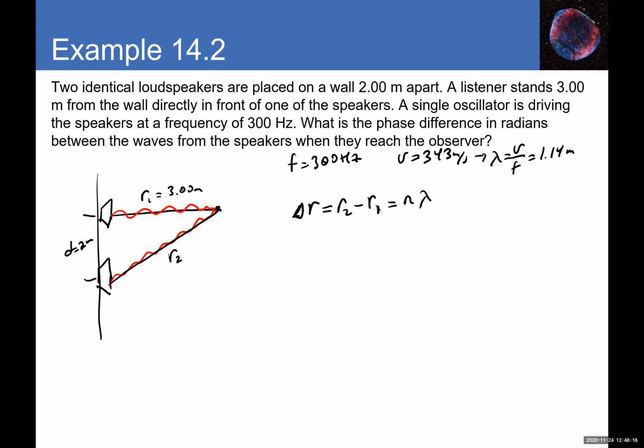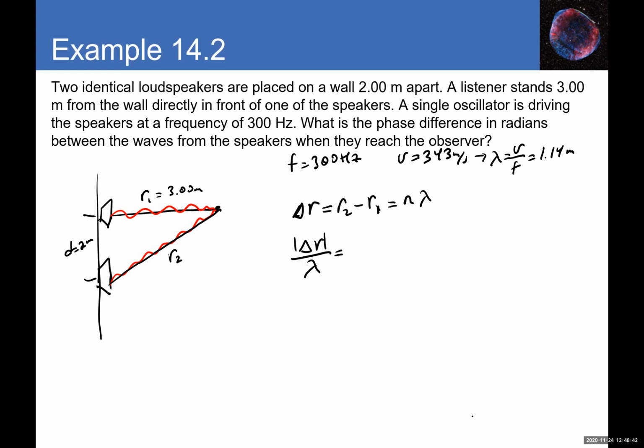So basically the easiest way is to find that N, which is delta R over lambda. We want to see whether we get an integer, a whole number, if I take the absolute value, or whether I get a fraction. So let's get delta R over lambda.